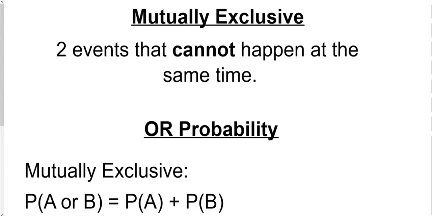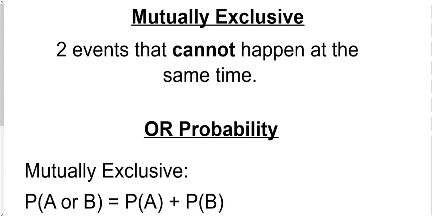Let me give you an example of not mutually exclusive, to set the idea for this. Cards can generate not mutually exclusive events. For instance, say I had a deck of cards and I wanted to pull out a 7 or a red card. Now that is not a mutually exclusive event because there are cards that are both 7 and red.